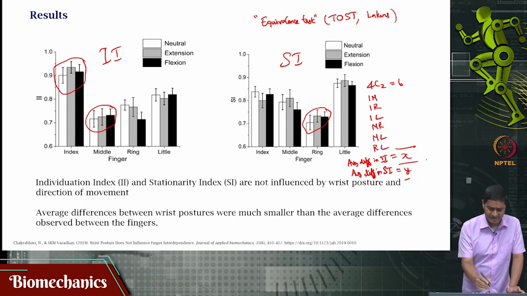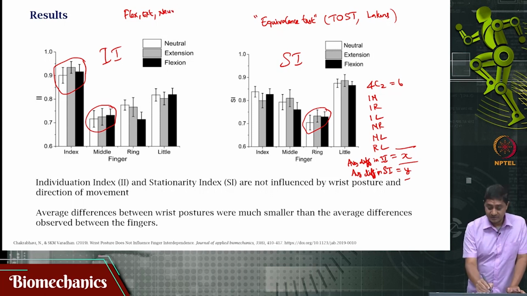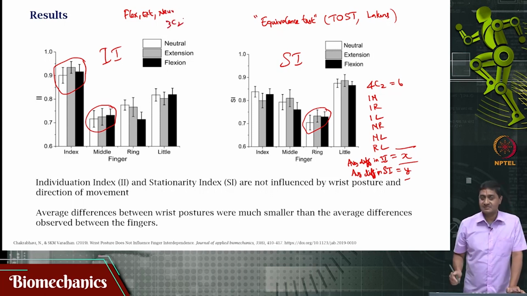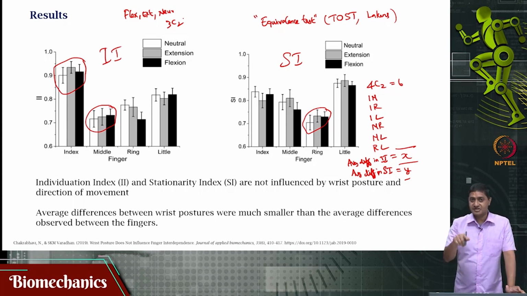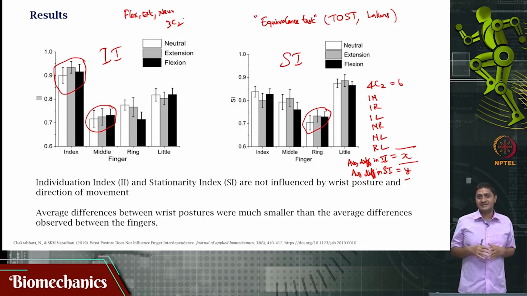Actually, there are three conditions, right? Flexion, extension, neutral, is it not? So there are three choose two possibilities, which is three: flexion and extension, flexion and neutral, extension and neutral. There are three possibilities, but at least between flexion and extension, which are two extremes, I would like to see at least a difference of x in individuation index and y in stationarity index.